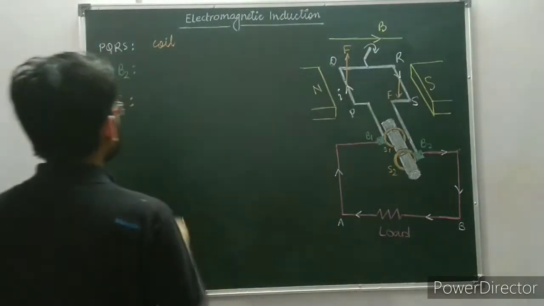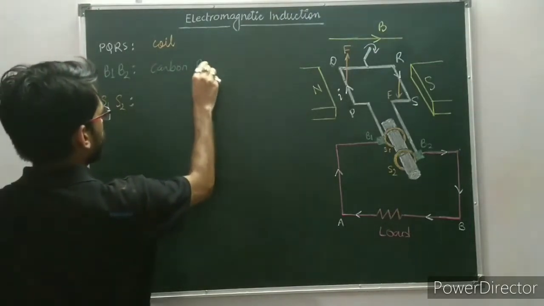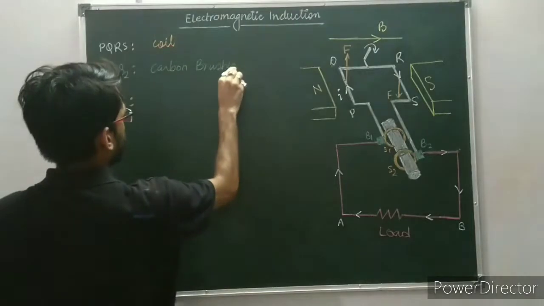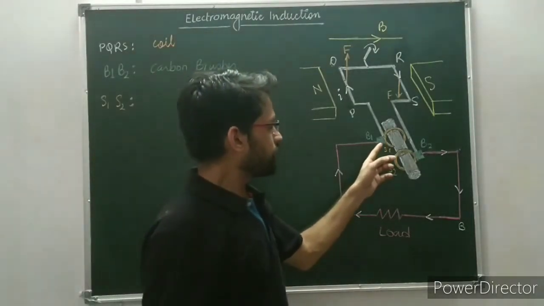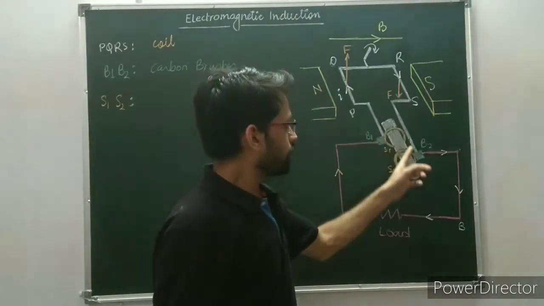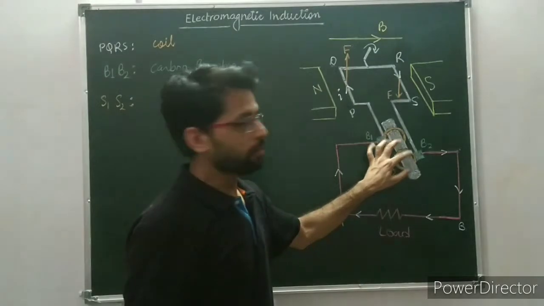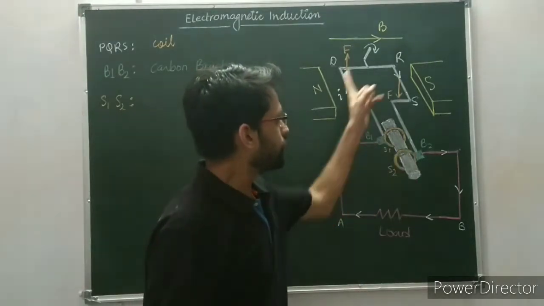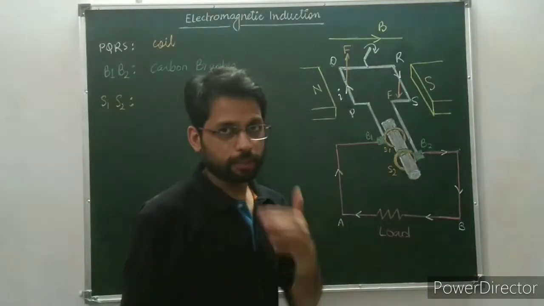Carbon brushes are connected to the ends of the coils. There are two ends of the coil, and these two ends of the coil are connected to the carbon brushes.